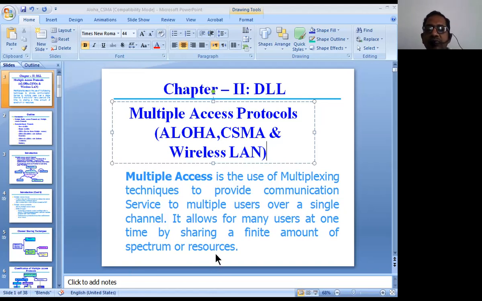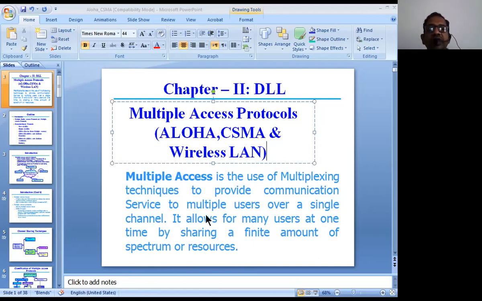Whichever user wants to transmit data has to transmit only in the given spectrum. In that scenario also, we use multiple access techniques, where sharing is done over a finite amount of spectrum or the resources under consideration.